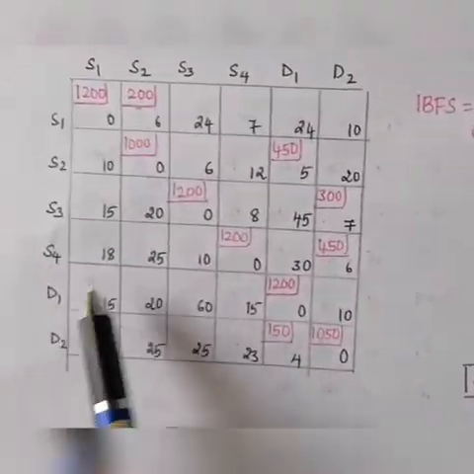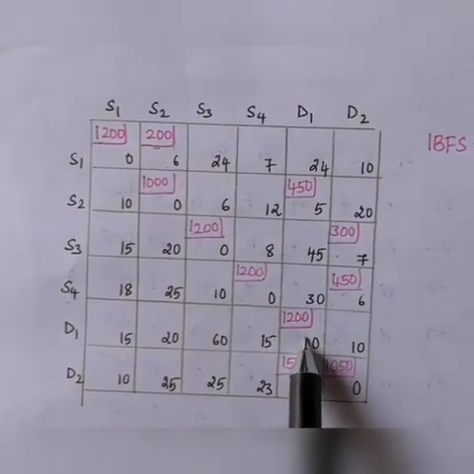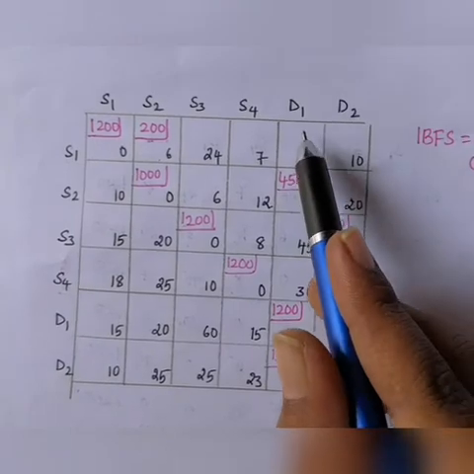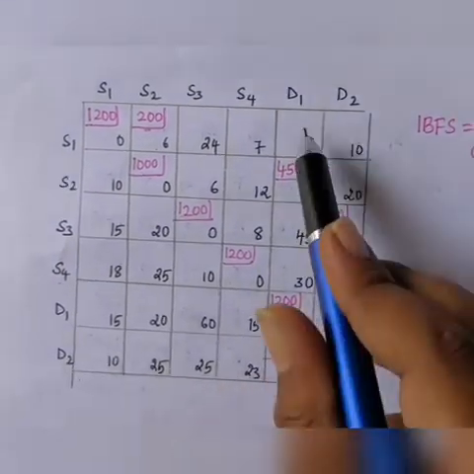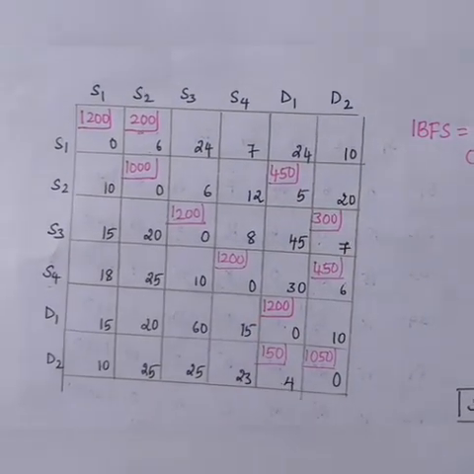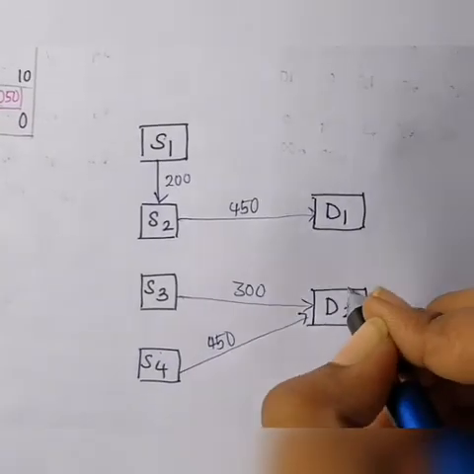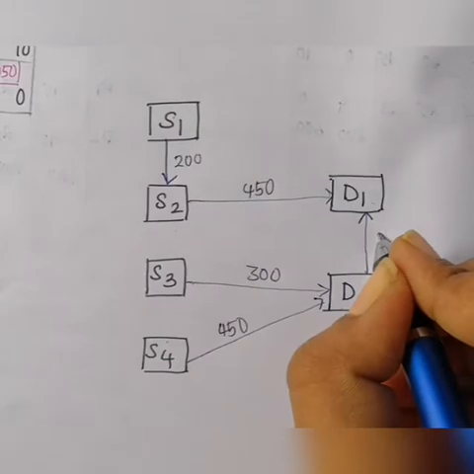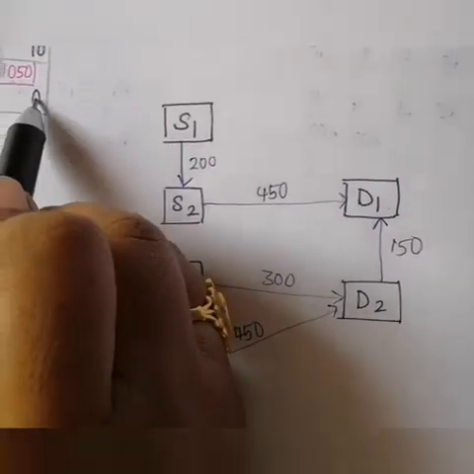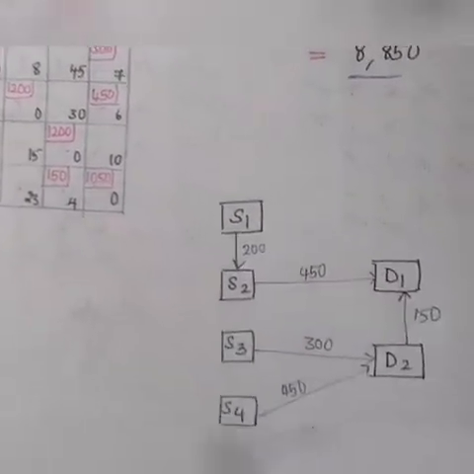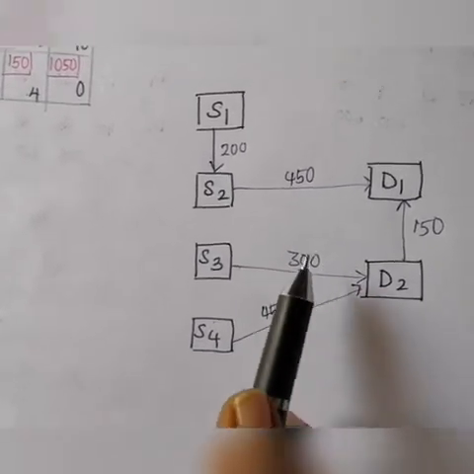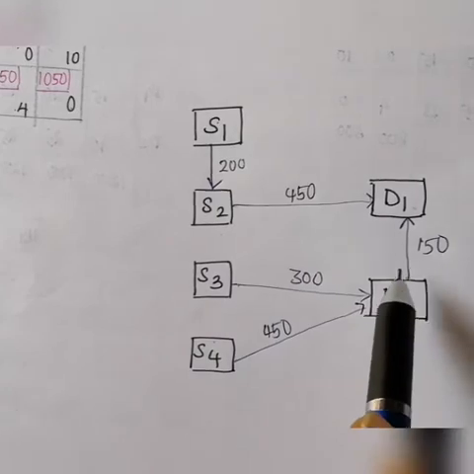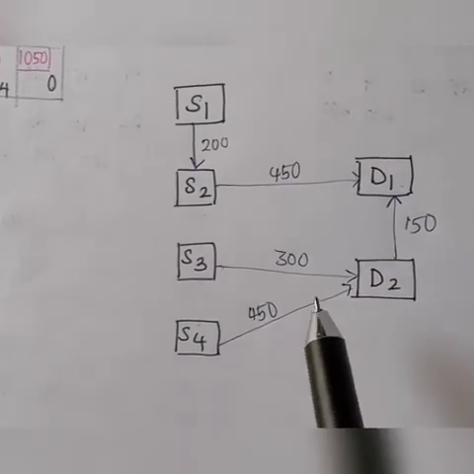Now D1 to D1 is 0 and there is no other allocation. Next, D2 to D1 is 150, so the arrow has to go like this. D2 to D1 is 150 and D2 to D2 is 0. So this is the final allocation or route of the sources and destinations which will be followed in the transshipment problem.